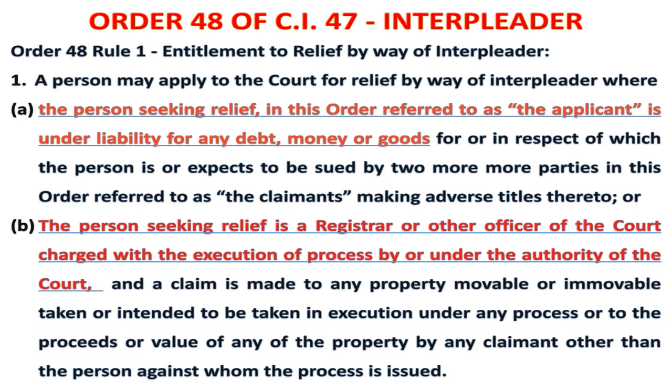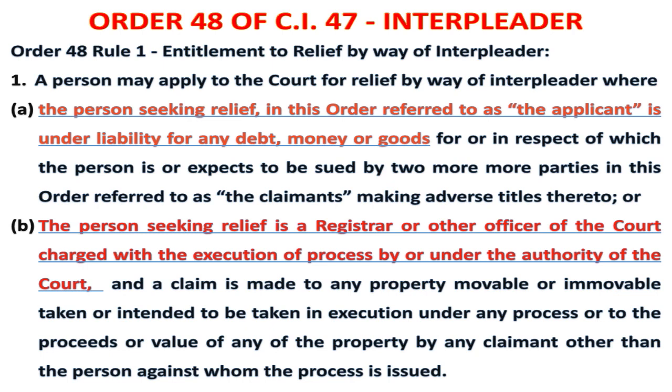because the person being referred to over here is expecting to be sued by two or more people laying claim to the property. He doesn't have any interest. He will apply to the courts so that the claimants will come and interplead amongst themselves. So that's called stakeholders interpleader. Then under 48 rule 1B, the person seeking relief is a registrar or other officer of the courts who has been charged with the execution of process by or under the authority of the courts.